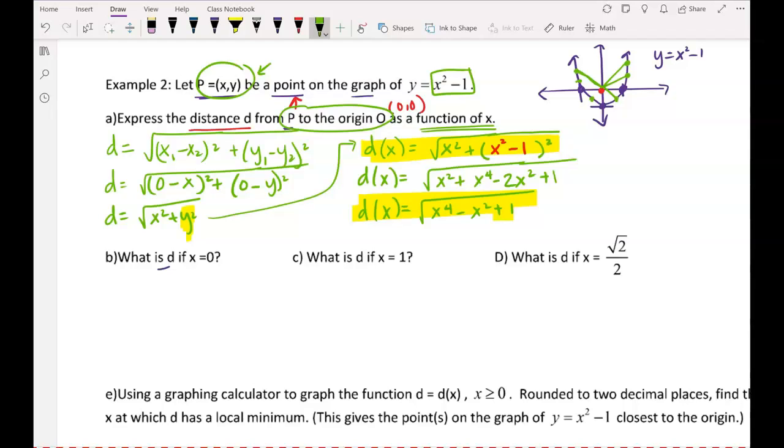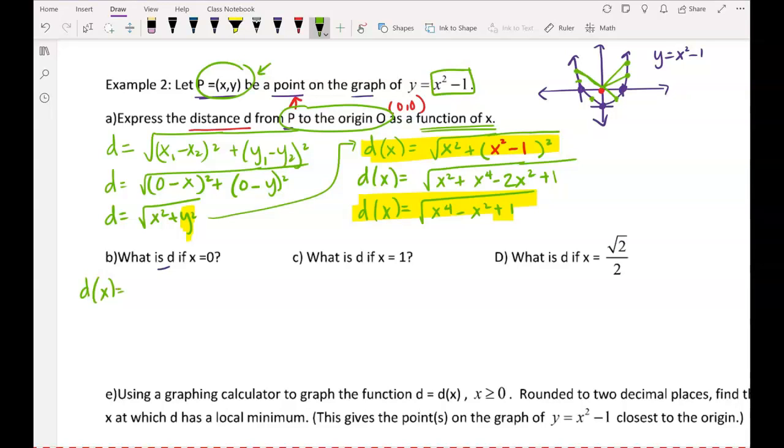Now let's go on to part B. Part B says, what is d of 0? Remember, d is the distance from any point to the origin. If x equals 0, then from here, students, we just have to use either formula that you have above, the d of x equals the square root of x squared plus (x squared minus 1) squared, or the one that you distributed, whichever is easiest for you.